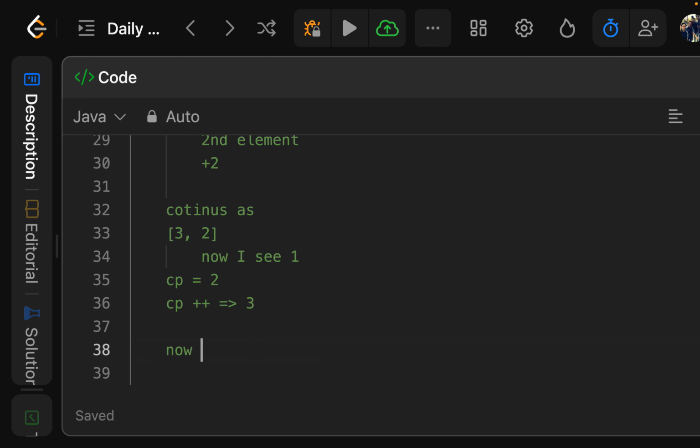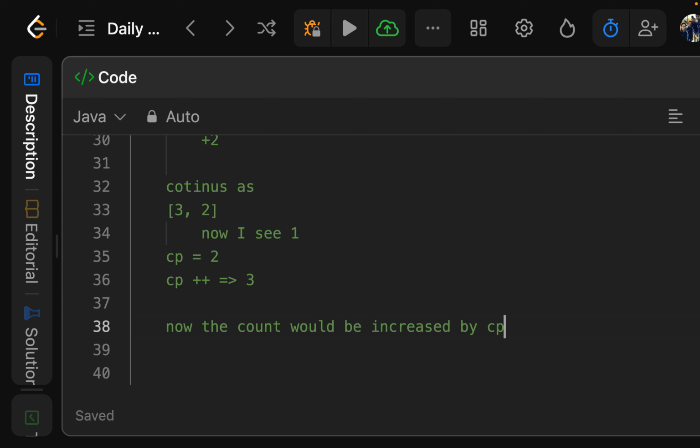So now the count would be increased by CP. Updated value of CP is 3, so plus 3. Why? Because the continuous period would become 3, and this incoming element, which is 1, would be responsible to take 3 new elements by its side.